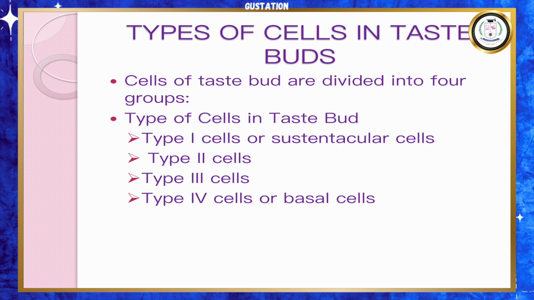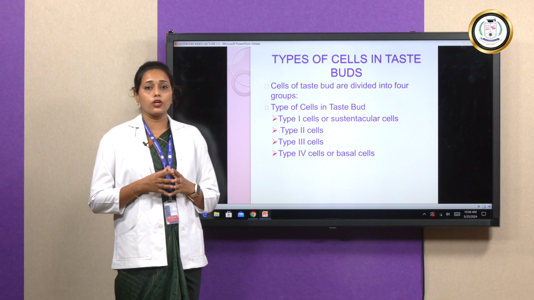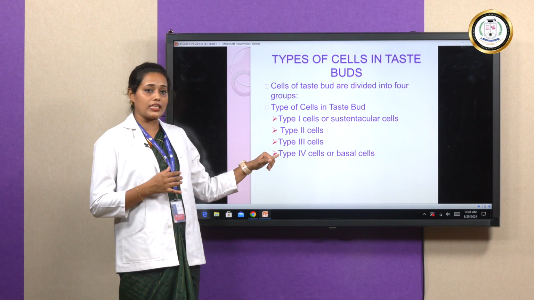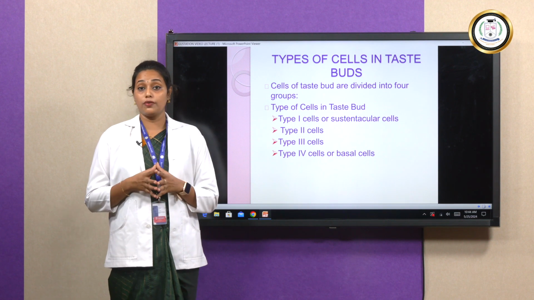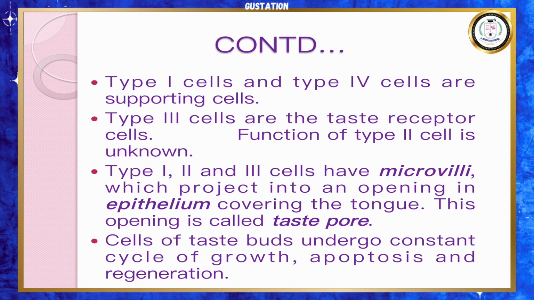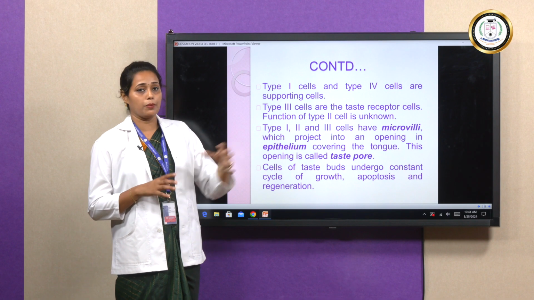Now let's discuss the types of cells in taste buds. There are 4 types of cells in the taste bud. Type 1 cells are also called sustentacular cells, then type 2 cells, type 3 cells, and type 4 cells. Type 4 cells are also known as basal cells. So the type 1 and type 4 cells are the supporting cells. That is, the sustentacular cells and the basal cells are the supporting cells.